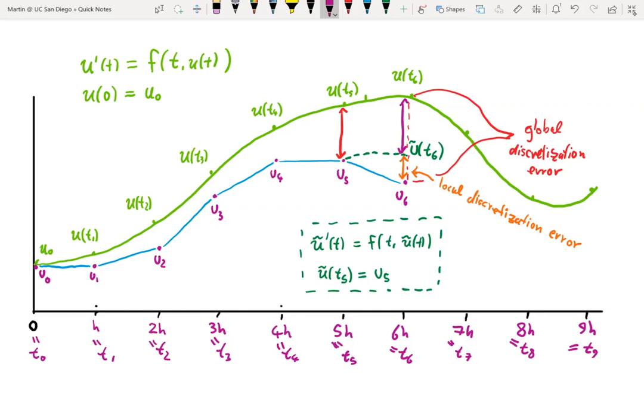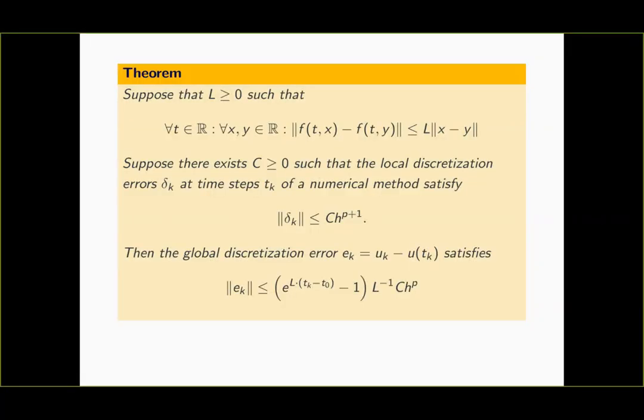And we are going to use that technique in a proof by induction to get an explicit error estimate. What I'm essentially going to show is that if the local discretization errors are bounded by some power of the step size h, then I get an estimate of the global discretization errors by another power of h. Technically, it looks as follows.